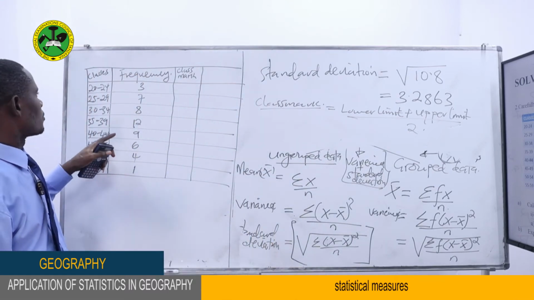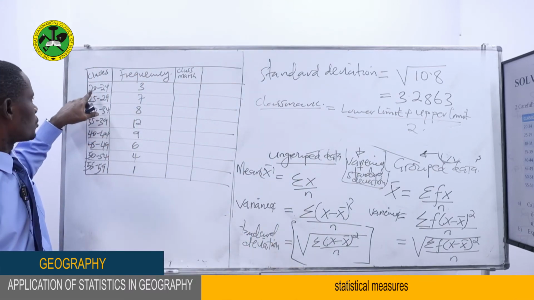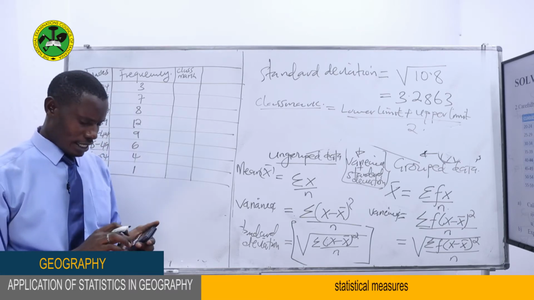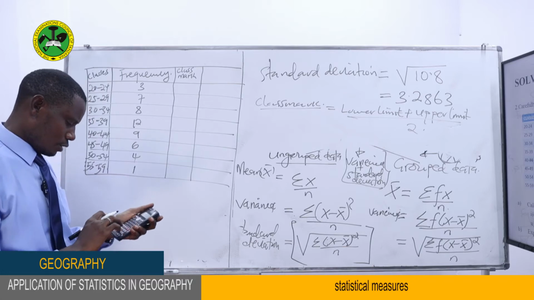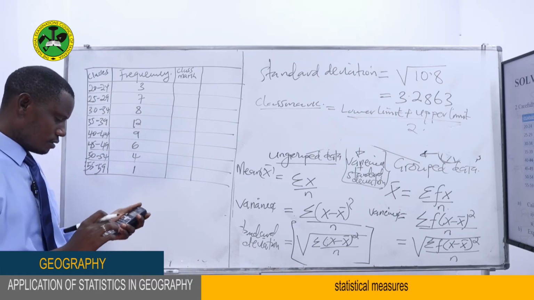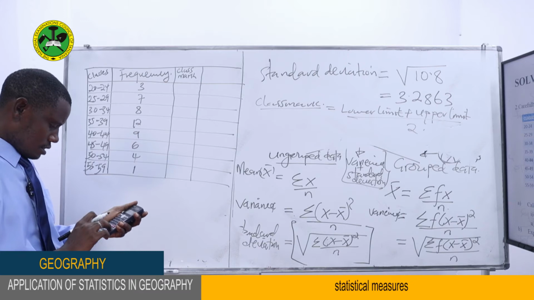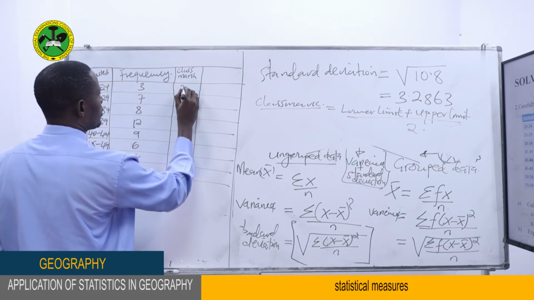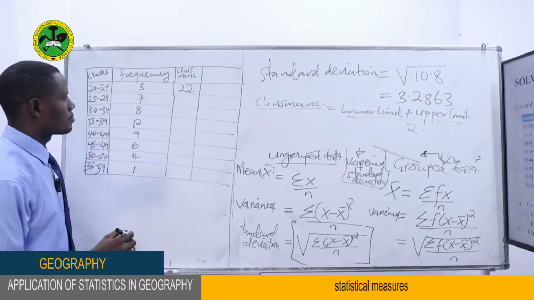We'll be doing the same for that one. For the first class, the lower limit is 20 and the upper limit is 24. So we take 20 plus 24, then divide by 2, and the first class mark is 22.